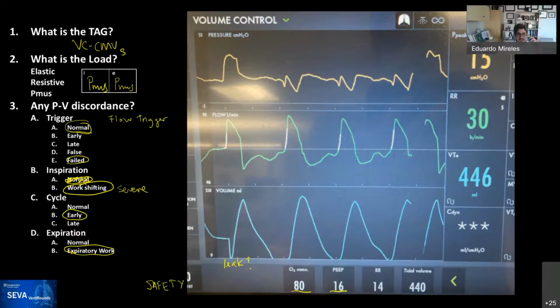Yeah, thank you. So this is one of those screens as you're walking that needs to stop you in your tracks as a fellow and say, what are we doing here? How do we correct this? Not everything means sedation, but you have to be clear on what your goals are. And as you pointed out, 80%, 16 of PEEP, it's hard to make an argument for comfort at this point, but it may be a morbidly obese patient with a shunt in the heart.